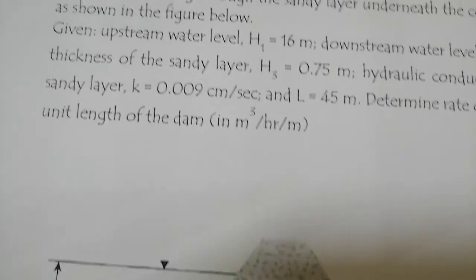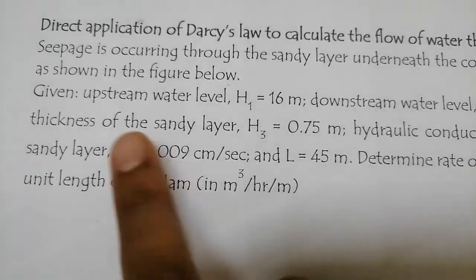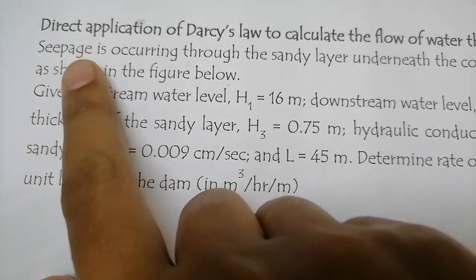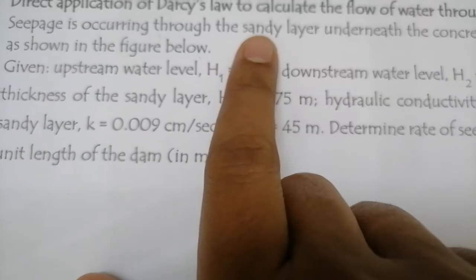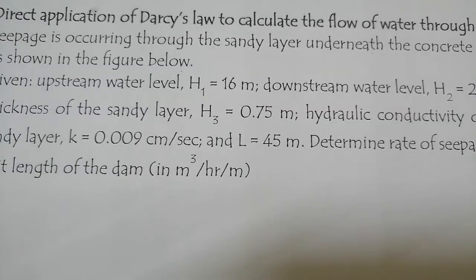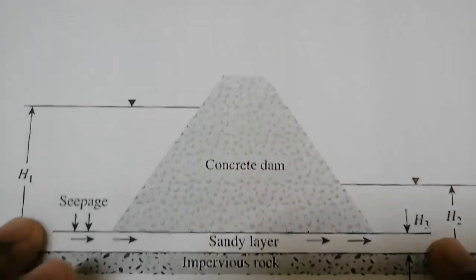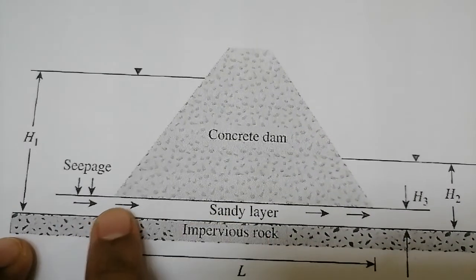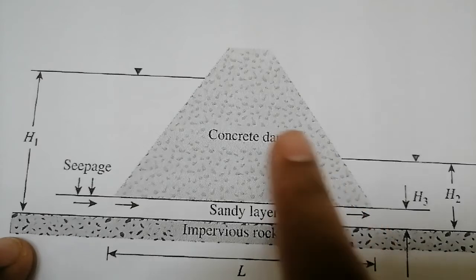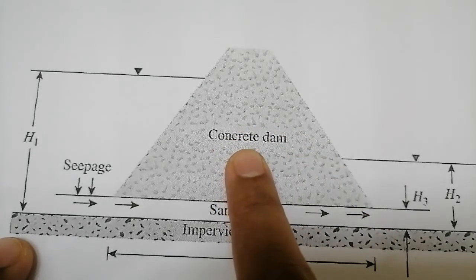Okay, so let's go here. Seepage, which is referring to the movement of water through soil. Okay, seepage is occurring through the sandy layer underneath the concrete. So this is the sandy layer, and we have this concrete dam over here.